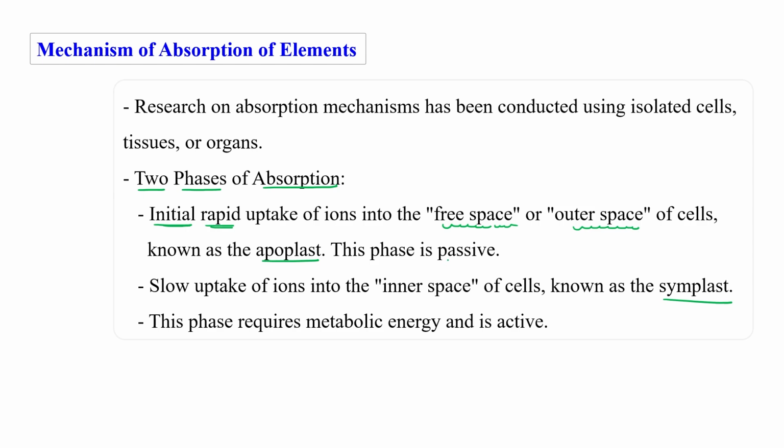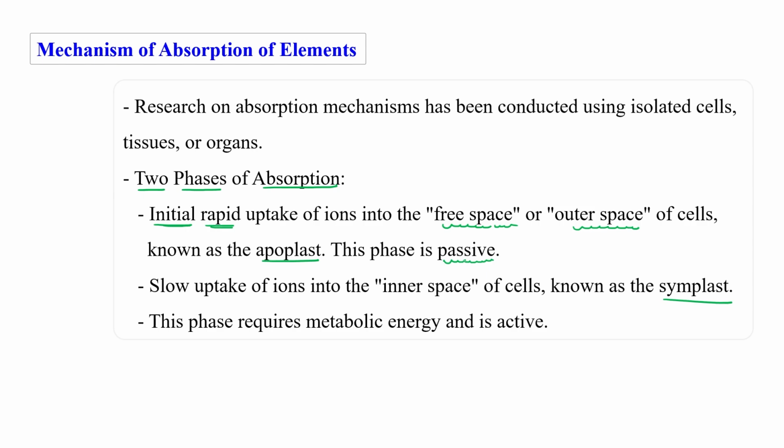Initially, very rapidly, the cell actually takes all the sap which is present just outside the plant body in the soil. So that's why the initial uptake is very rapid. Initial uptake of ions is very rapid into the free space or outer space of the cell, and this is known as apoplast, and this phase is passive.